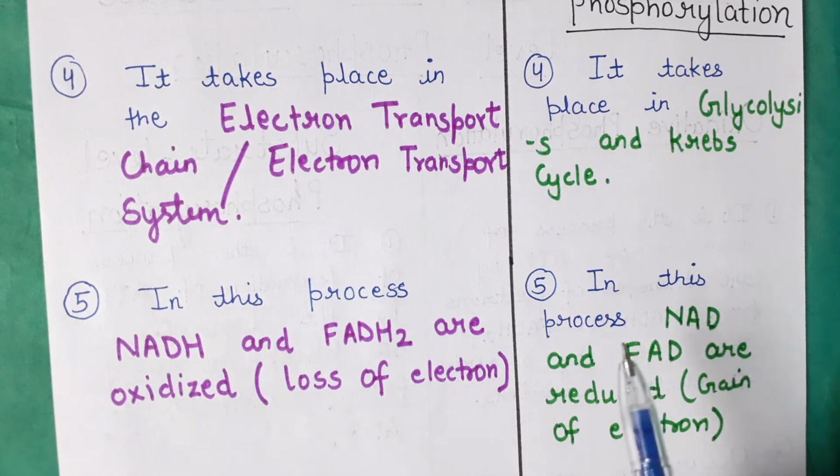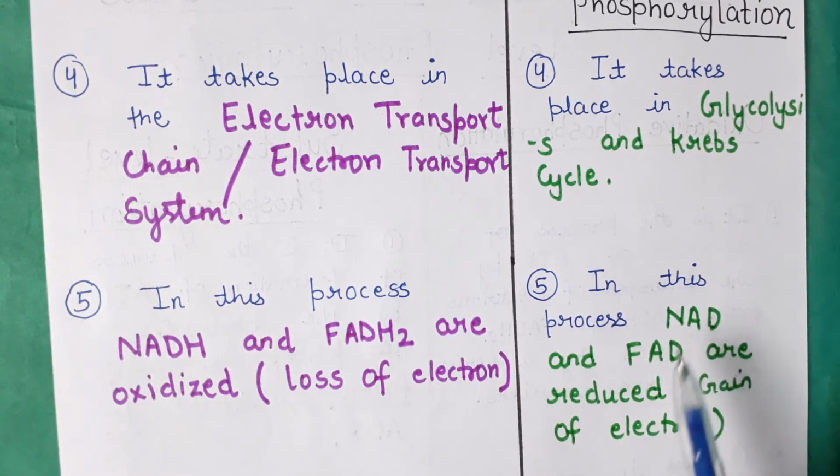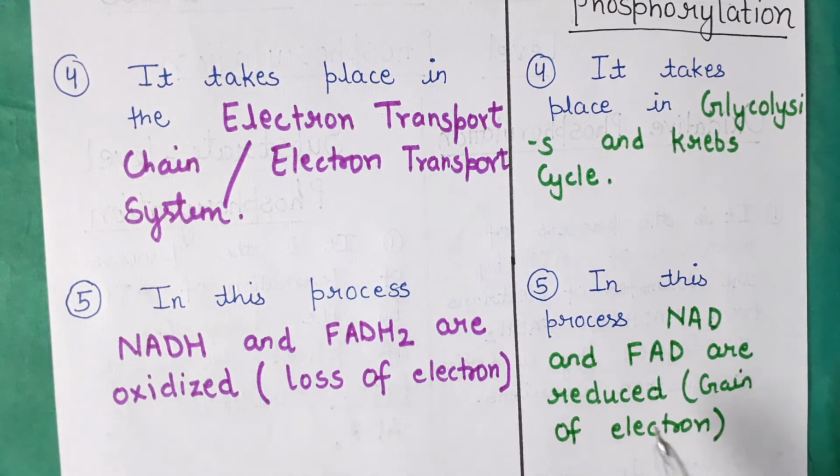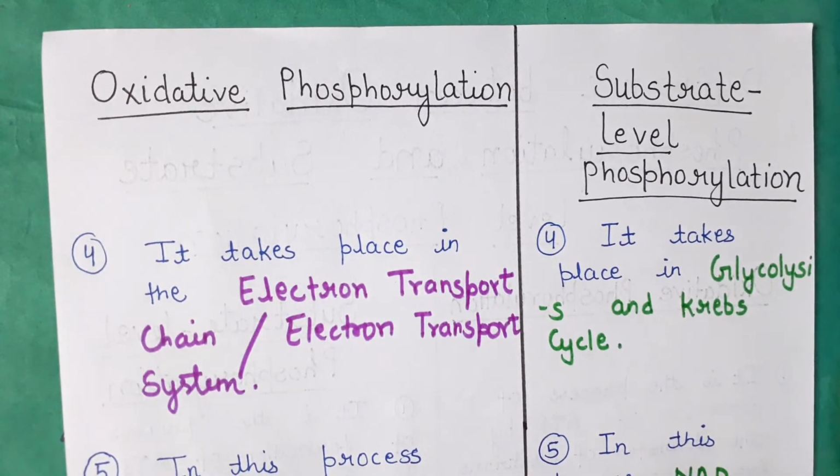However, in substrate level phosphorylation, NAD and FAD are reduced, that is, they gain electrons and convert into NADH and FADH2. So these are the major differences between oxidative phosphorylation and substrate level phosphorylation.